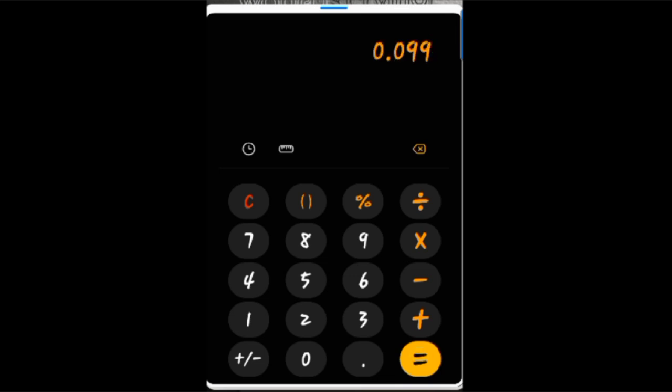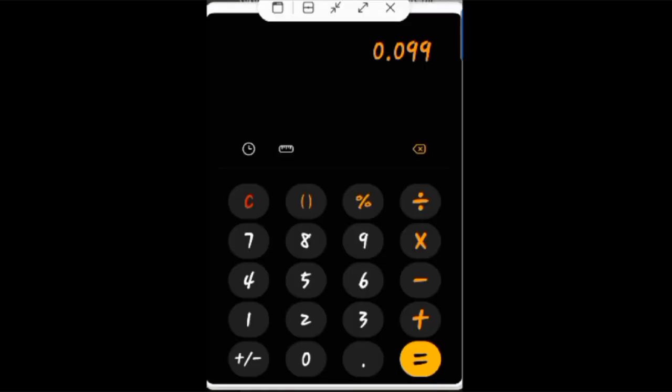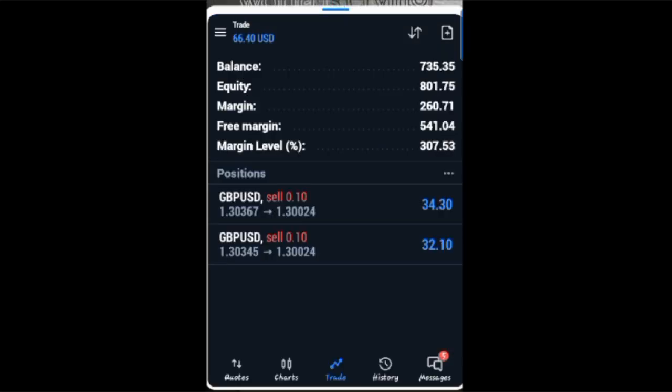On the trading platform, of course, we all know that you cannot enter that amount.